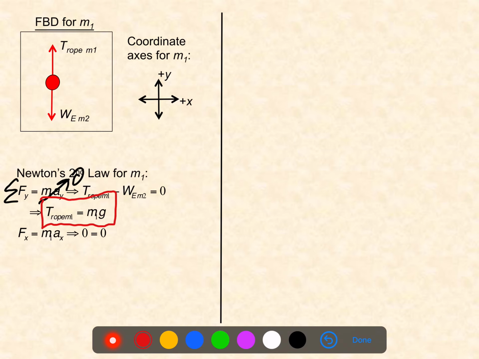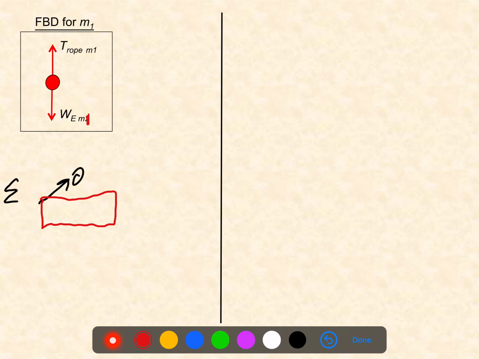Sorry, I just realized this should also say mass 1, not mass 2. Okay? All right, so that's pretty straightforward for the first mass.